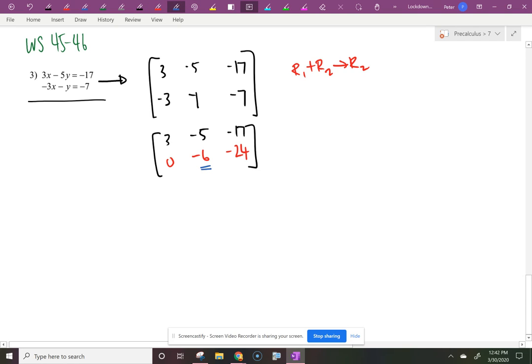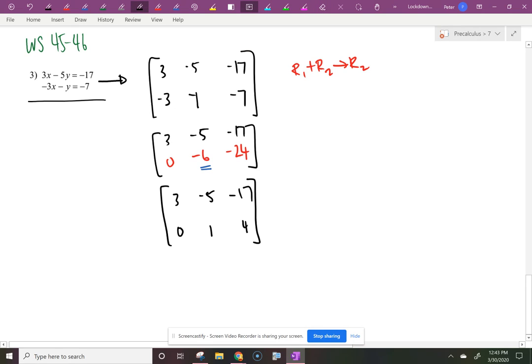In order to do that, I just divide everybody by negative 6, or multiply by 1/6. And if I do that, my matrix would look like 3, negative 5, negative 17, 0, 1, 4.